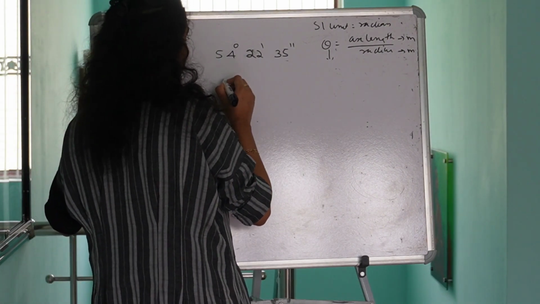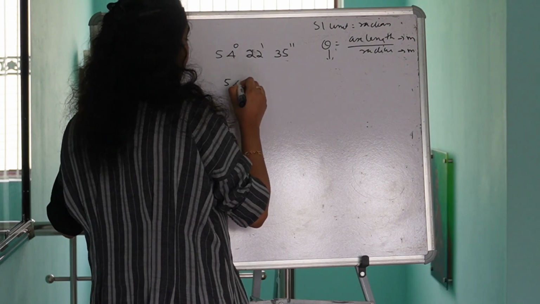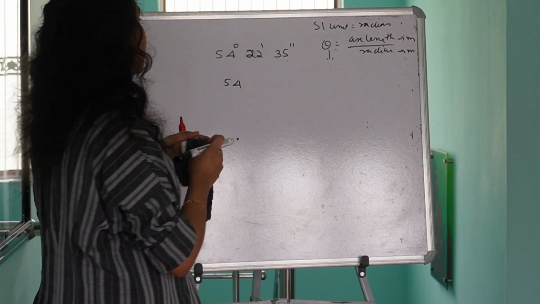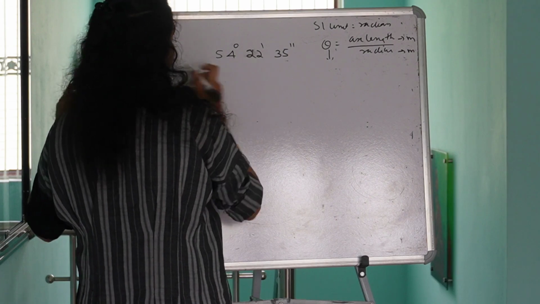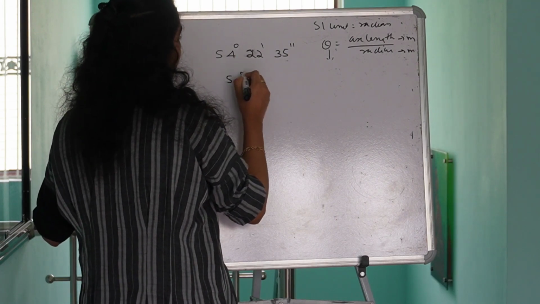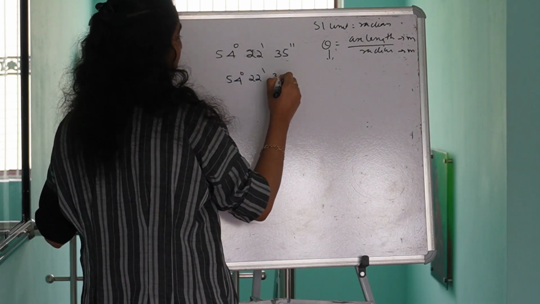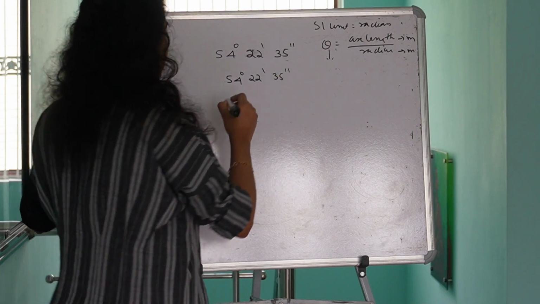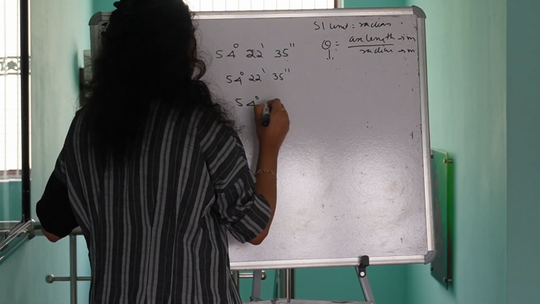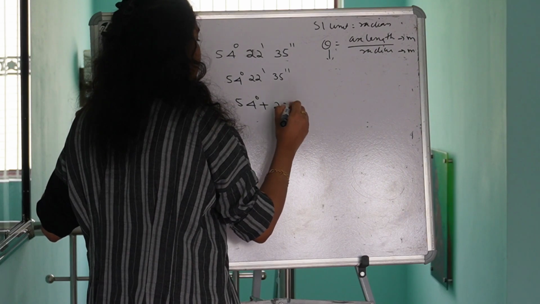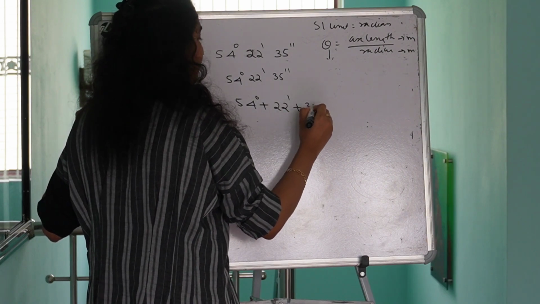The first method is this. What does 54 degrees, 22 minutes, 35 seconds mean? It means 54 degrees plus 22 minutes plus 35 seconds.